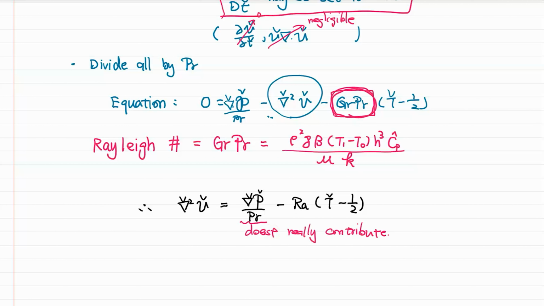In some cases, we can even just neglect this term, right? So we can just neglect it. Okay, so basically the whole equation suggests that the Rayleigh number is the critical factor that determines whether fluid flow is going to occur.